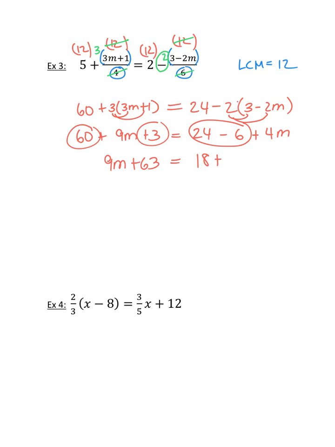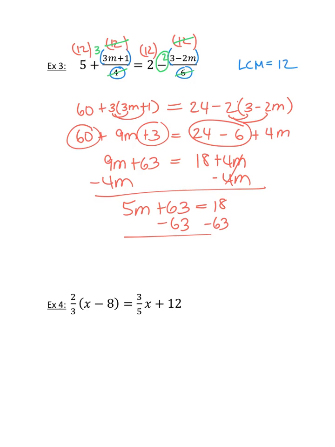So 18 plus 4m. I will subtract 4m from both sides, and that's going to give us 5m plus 63 equals 18. And we're going to subtract 63 from both sides, and we get 5m equals negative 45. Divide both sides by 5. m equals negative 9.